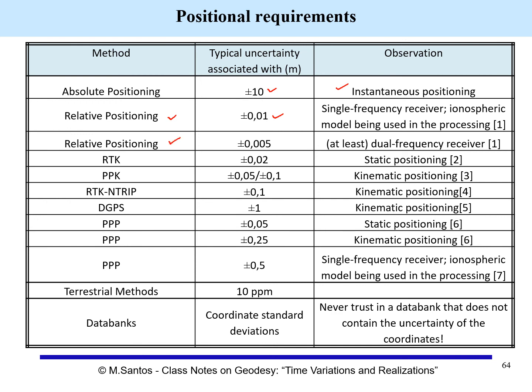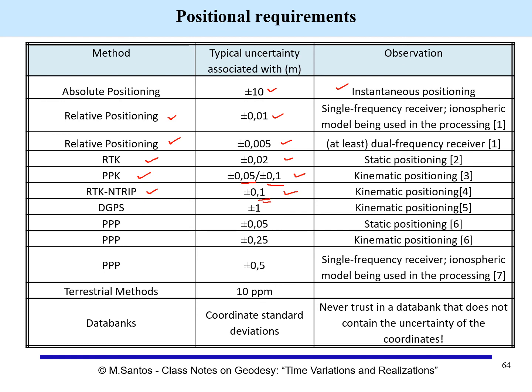Relative positioning using dual frequency receiver or triple frequency receiver goes to the millimeter level. We have RTK that would provide us with a centimeter level. PPK, this is post-process kinematic, that depending on the dynamics of the vessel, we can have between centimeter to decimeter level. RTK using N-trip, this is for real time.